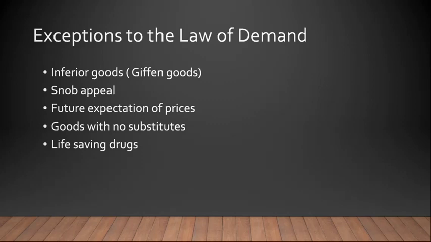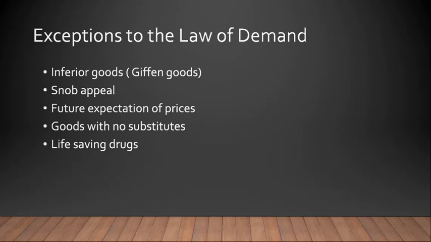According to the law of demand, if price increases, demand has to decrease. But the demand for potatoes did not decrease. That was because it was an inferior or Giffen product, and it had a lower price. Even if the price was slightly increased, it was still lower compared to the price of meat. So even with a slight increase in the price, it was still cheap for the poor people. So the buying level remained the same.